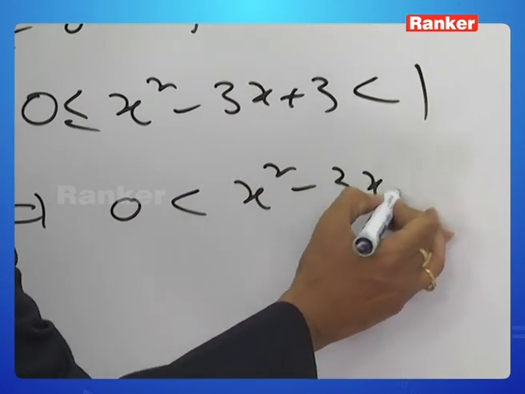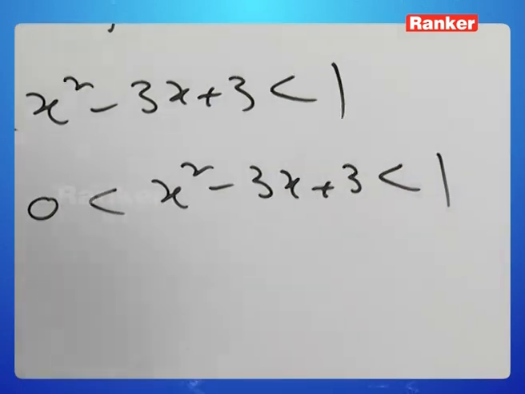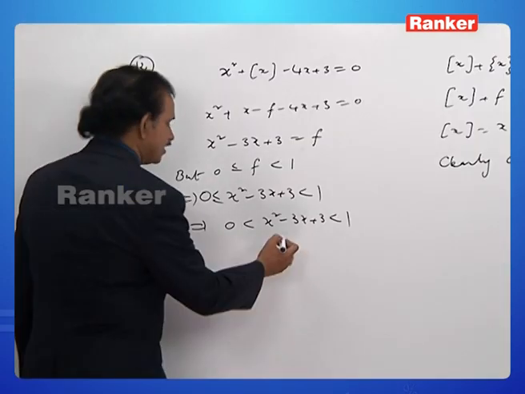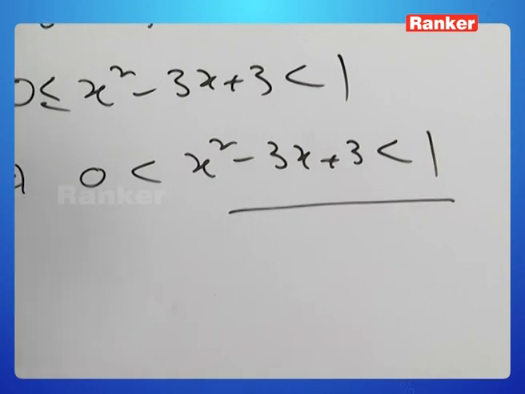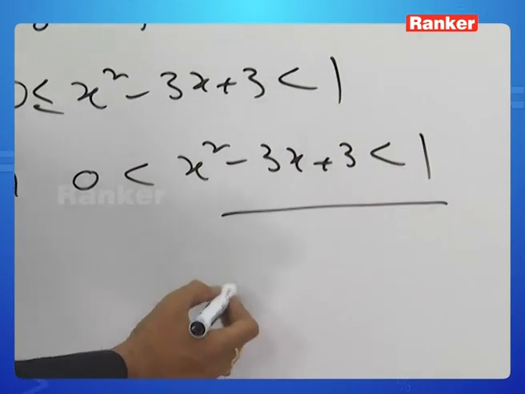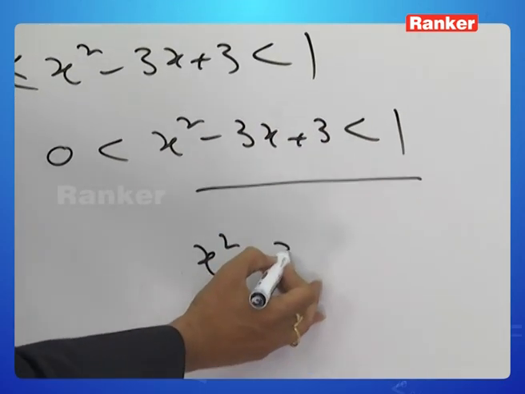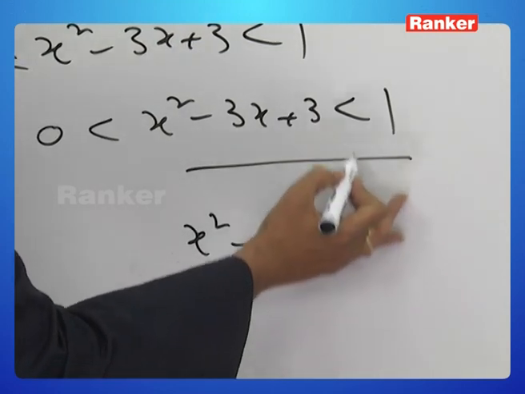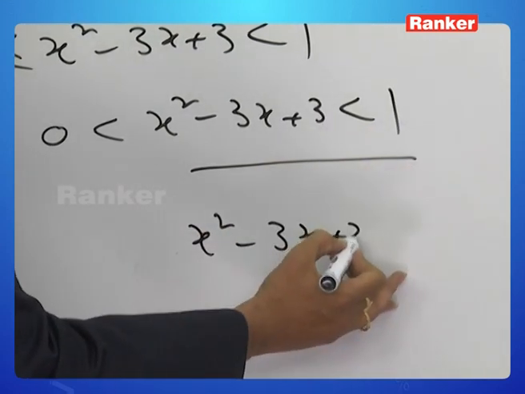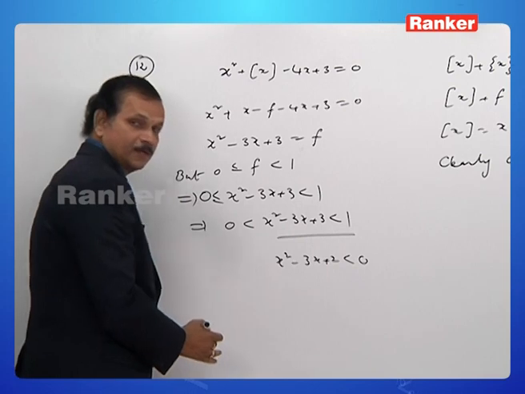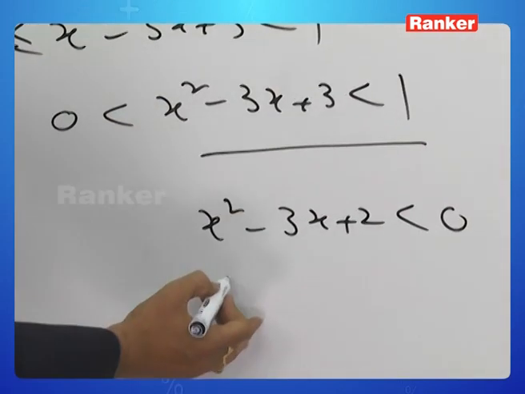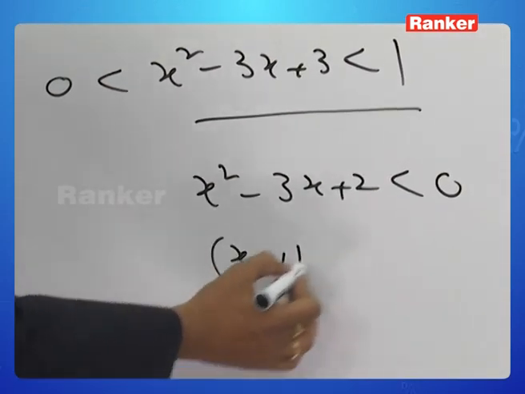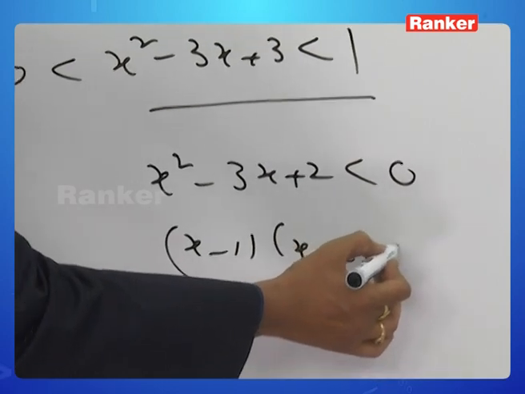x square minus 3x plus 3 is less than 1. Now, let me observe this inequality. x square minus 3x plus 3 less than 1 means, bring 1 here, x square minus 3x plus 2 less than 0. And it is an easy matter to trace the factors of this one. x minus 1 into x minus 2 less than 0.